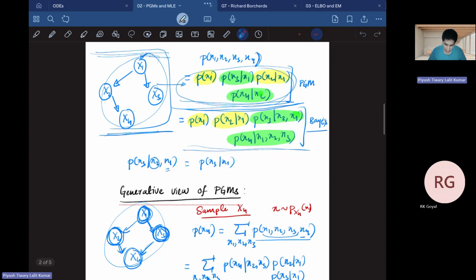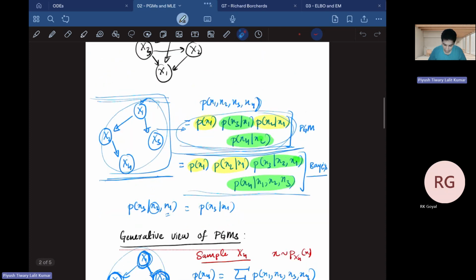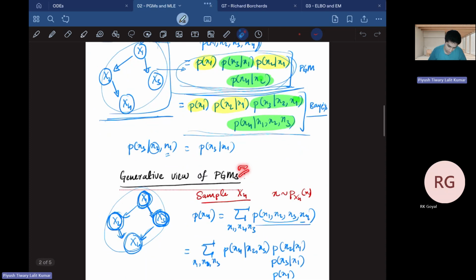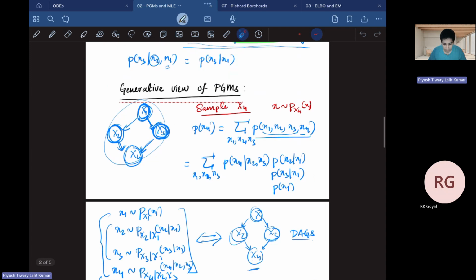More than that, what we are particularly interested in is the generative view of PGMs. There is some variable of interest to us, for example in this graph, say x4, and we want to sample from it.